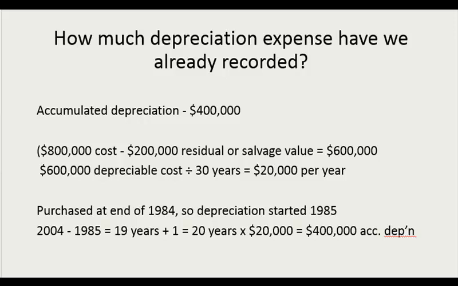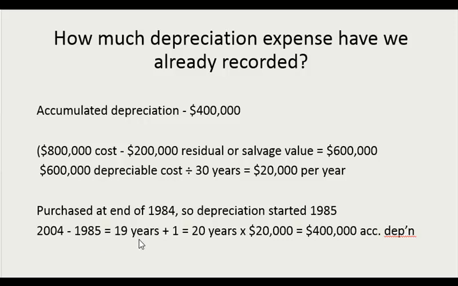So since we purchased the building at the end of 1984, we would have started taking depreciation in 1985. Now this is a little confusing, figuring out how many years we would have taken depreciation expense, but how you calculate it is by taking the year 2004, the last year that we recorded depreciation expense using our original estimates, and subtracting the first year that we recorded depreciation, 1985.